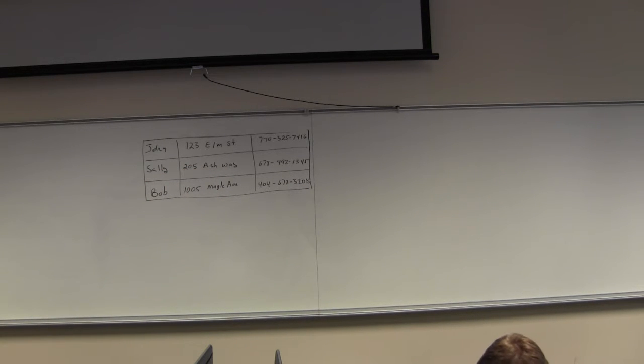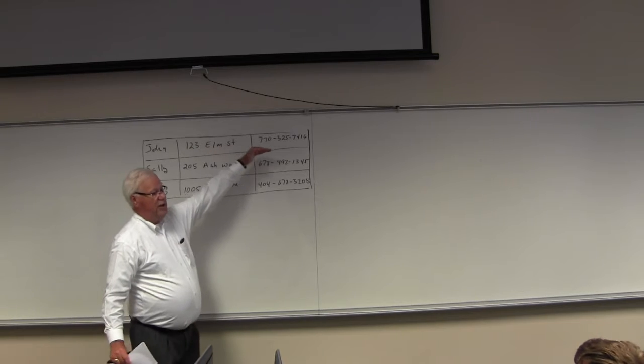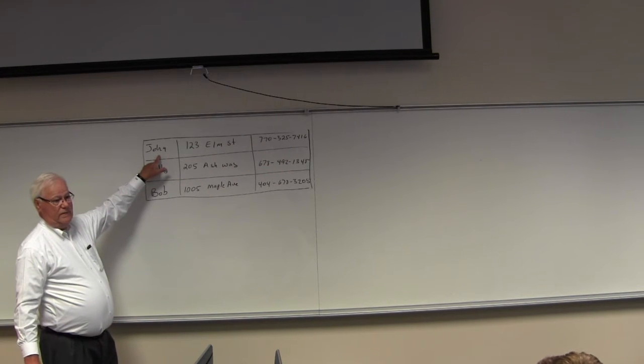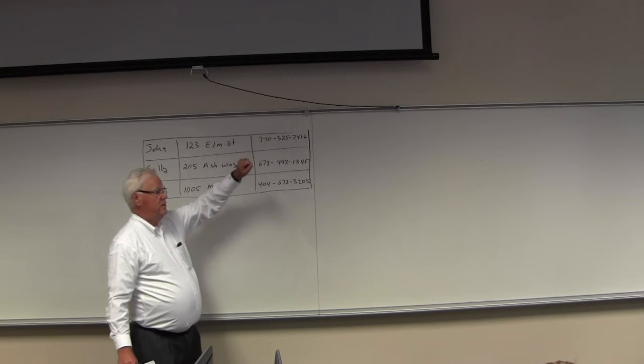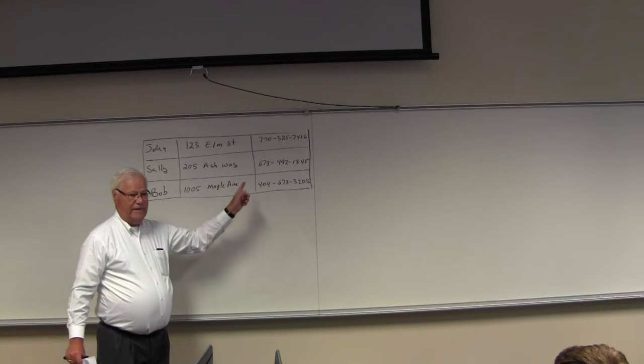Now, are there relationships going on there? Yes. For instance, this row is a relation, isn't it? Because it's information about John. So John's related to this street address and to that phone number. And Sally's related to this street address and that phone number, etc., right?